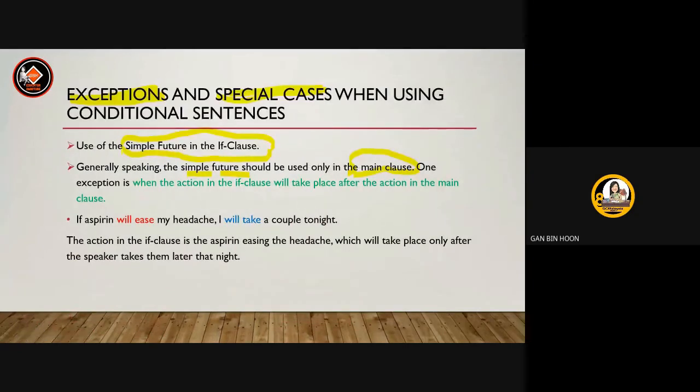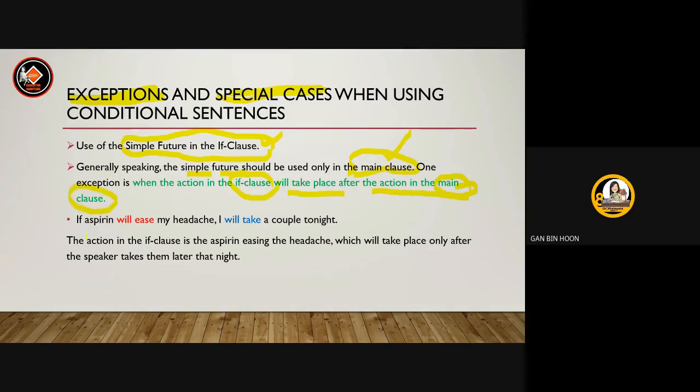Kenapa dia boleh jadi dua-dua ada will? We use simple future in the if clause and then in the main clause pun ada will. Okay, one exception is when the action in the if clause will take place after the action in the main clause.